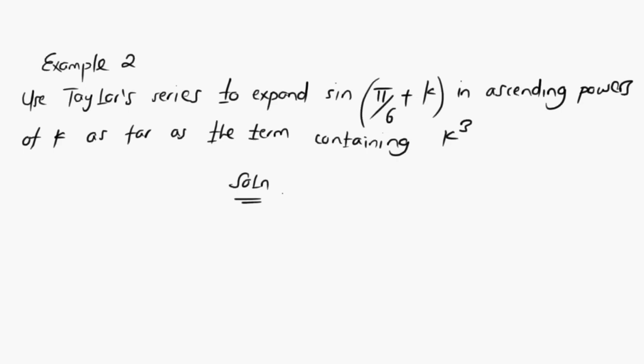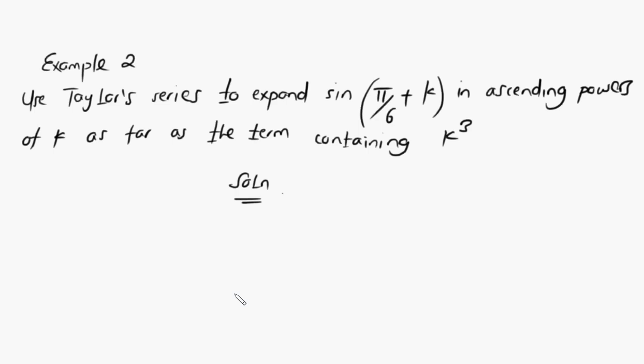So let us see example 2. It says use Taylor's series to expand sin(pi over 6 plus k) in ascending powers of k as far as the term containing k power 3.